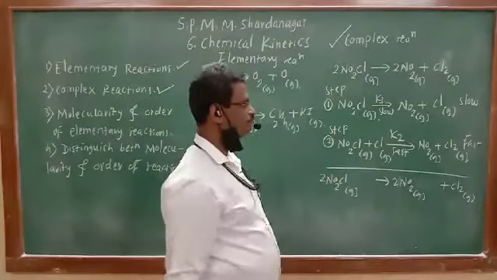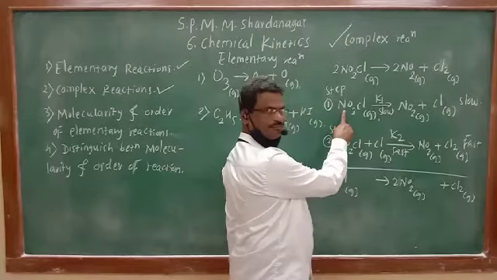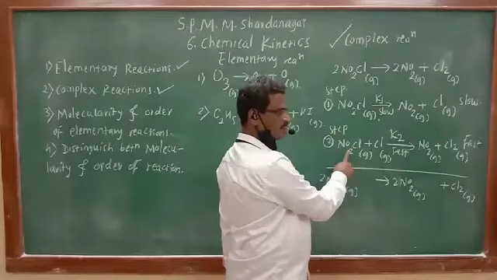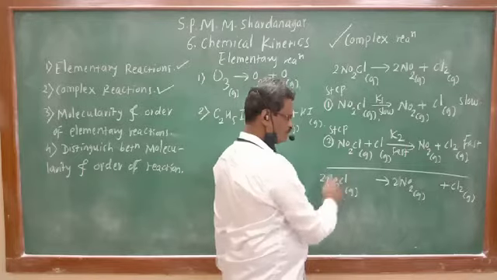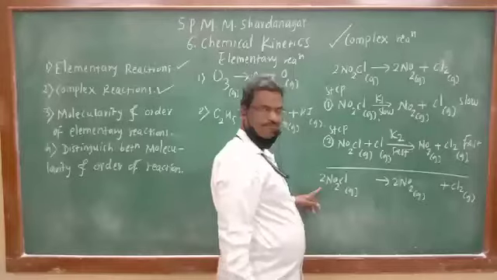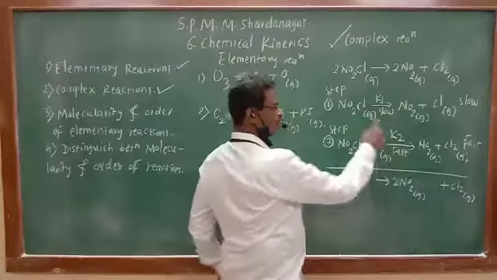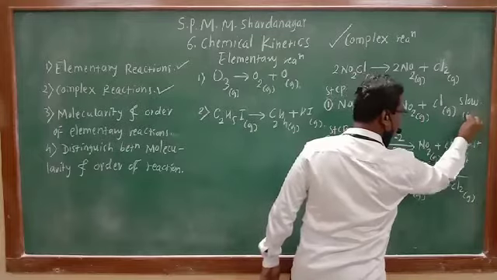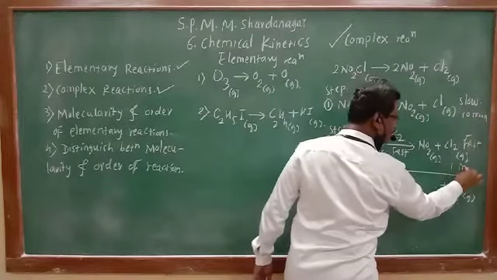Now, this reaction is a slow reaction and this reaction is a fast reaction, right? So, suppose this reaction takes place in 10 minutes and this reaction takes place in 1 minute.